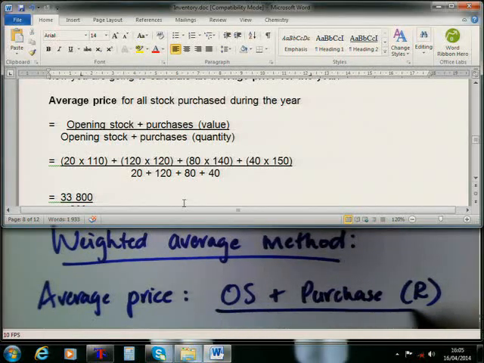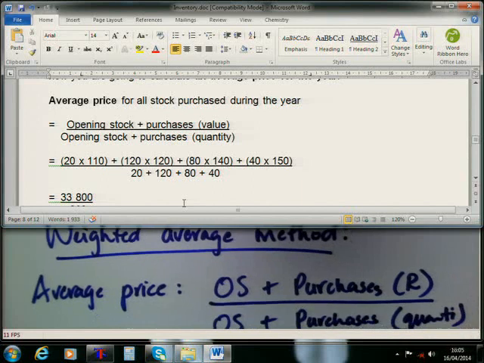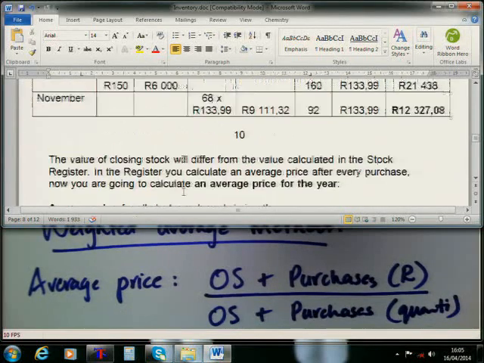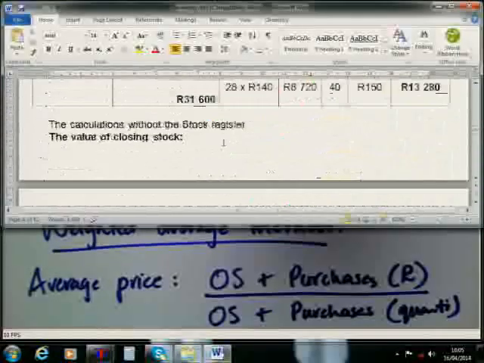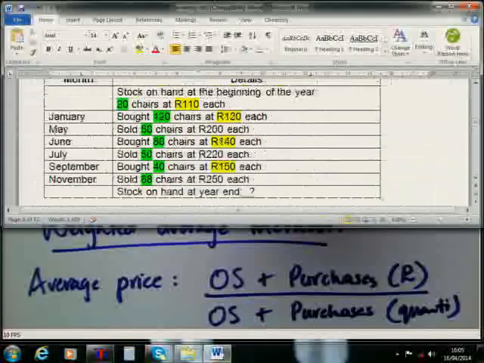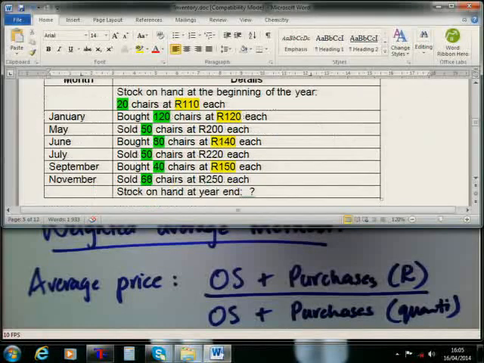Then divide it by opening stock plus purchases, but now we talk about quantities. Okay, let's quickly go back to our column there.